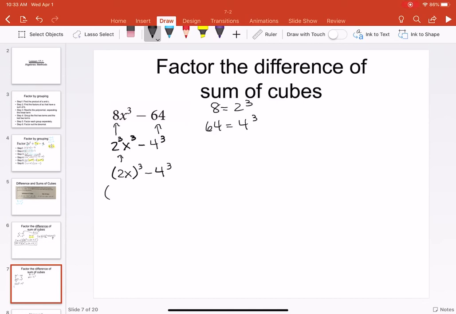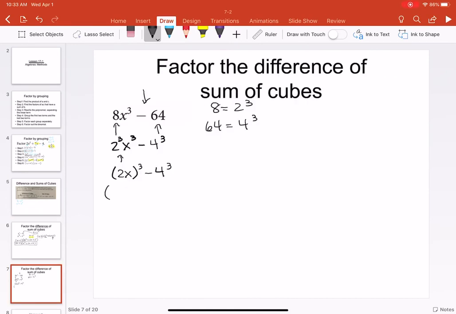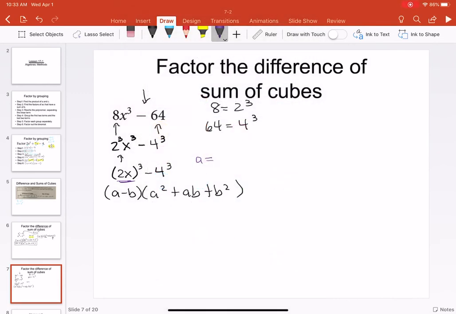Once again, I have my formula for the difference, because this is a difference of cubes. I'm using this one right here because there's a minus sign between them. So I'm going to write it here, which is A minus B times A squared plus AB plus B squared. This is my A term.